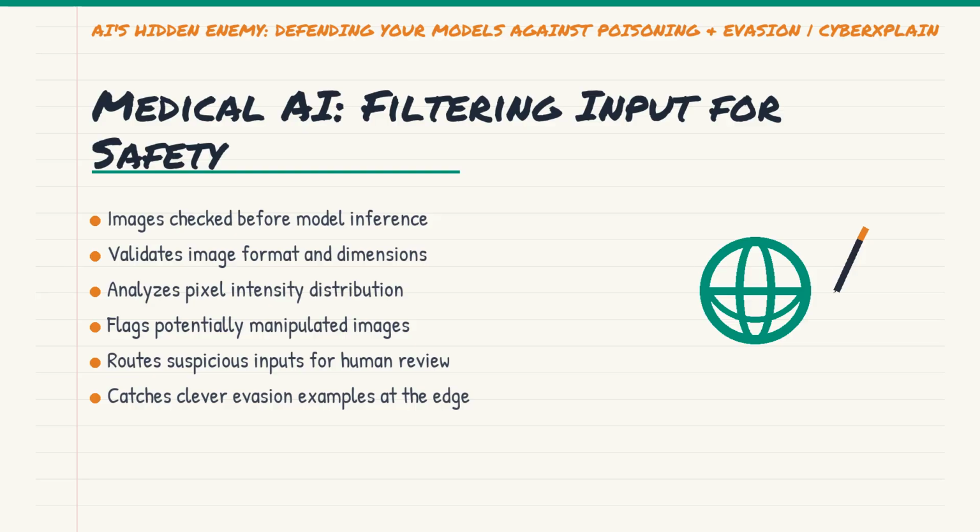If an image is flagged as potentially manipulated, say, by having unusual noise patterns that don't match typical scanner artifacts, it's immediately sent for human review. We wouldn't just trust the AI with potentially compromised input. This ensures that even if an attacker manages to craft a clever evasion example, it gets caught at the edge before it can influence a patient's diagnosis. This is a crucial practical step in a production environment.